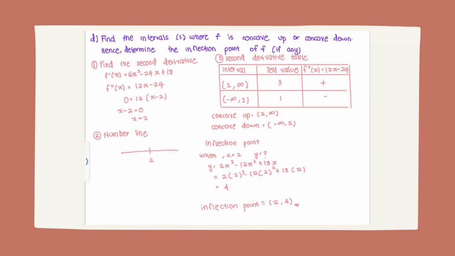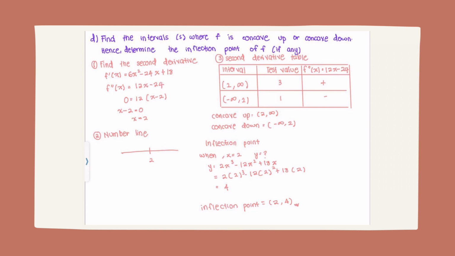Next, draw a number line, and that's how it looks. And the third step, make a second derivative table, which contains 3 things. The first thing is interval, the second one is test value, and lastly is second derivative, which is 12x minus 24.